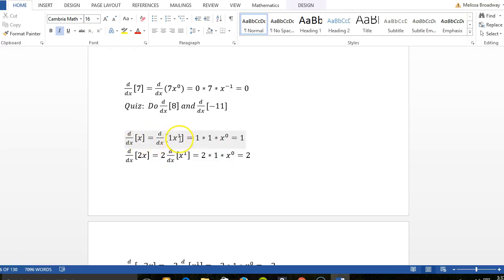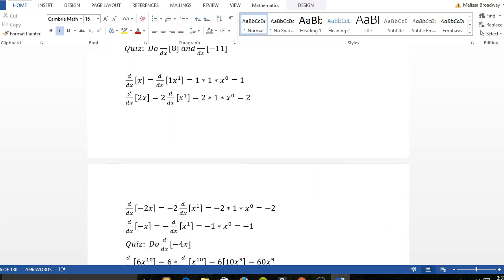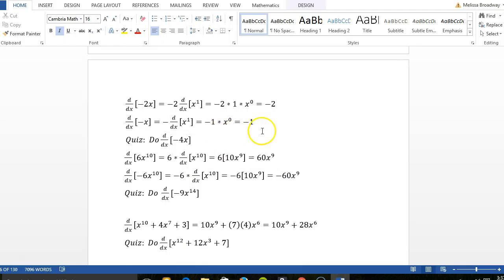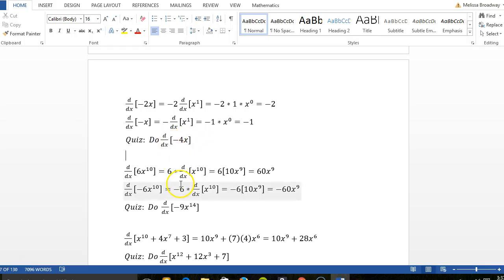So the derivative of x is 1, the derivative of 2x is 2, the derivative of 3x is 3, the derivative of negative 5x is negative 5, the derivative of pi times x is pi. You get the point. It's going to be for the same reasons. And the derivative of negative x is negative 1. You get the idea. So there's all that. And I'll leave this one for you to do.